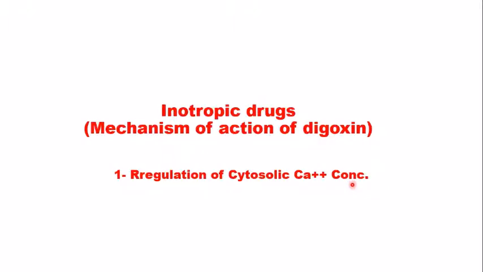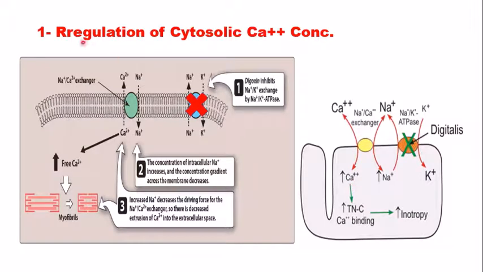First of all, we'll discuss the regulation of cytosolic calcium concentration. In this mechanism, digoxin acts by inhibiting the sodium-potassium adenosine triphosphatase enzymes, in other words, sodium-potassium ATPases.